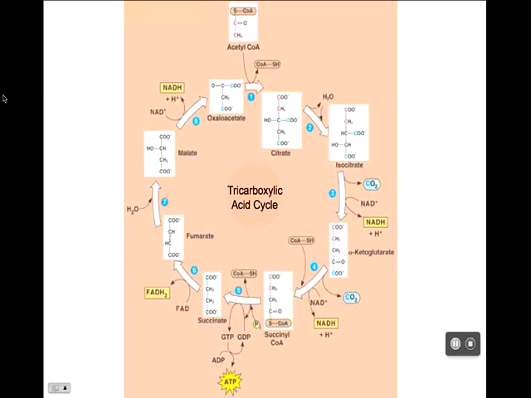Pyruvate comes in through a couple of steps, and then several enzymes will turn it into citrate, and then isocitrate, and alpha-ketoglutarate, and succinyl-CoA, and around it goes, slowly pulling off carbon dioxides, forming some NADH, 1 little ATP, and 1 FADH2 as it cycles around. So again, you don't need to know all of the enzymes and intermediaries. I only want you to know it from the black box approach, but I wanted to make sure that you understand that the tricarboxylic acid cycle is actually a whole series of enzymes working together to run this cycle.